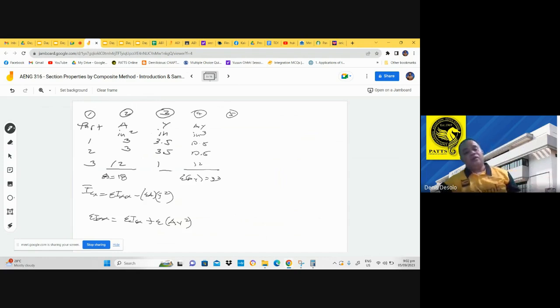So the Ic sub x in here is different from the Ic sub x that we are trying to solve. The summation of Ic sub x is the sum of the moment of inertia about the centroidal axis of each part, while the Ic sub x that we intend to solve is the moment of inertia about the centroidal x-axis of the entire figure, before we divide it into parts.